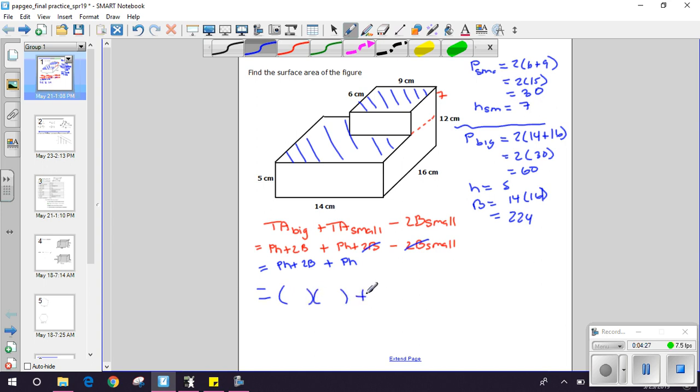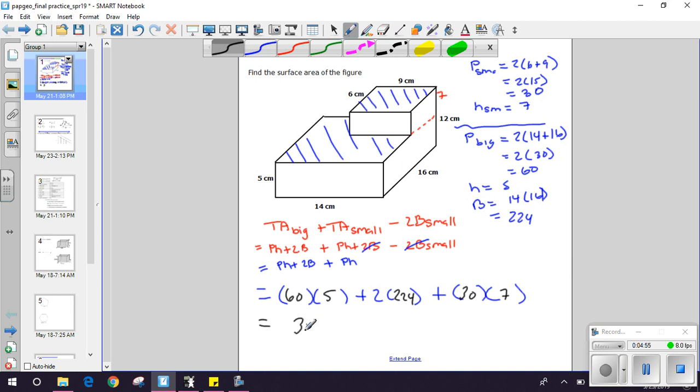So let's substitute everything where it belongs. All right, the perimeter of the big was 60. The height was 5. The base area was 224. Perimeter of the small is, sorry, 30. And the height is 7.